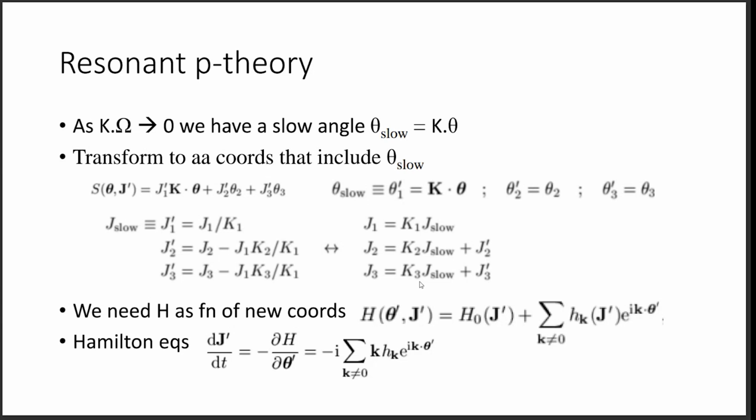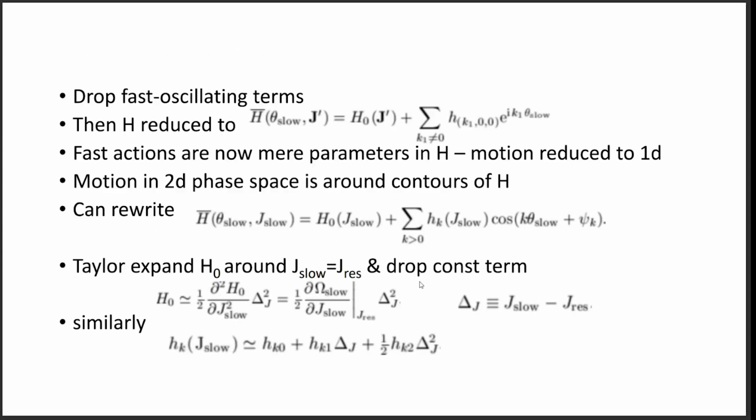So I drop from these equations, from this sum, the fast oscillating terms. Any term here which has a contribution from theta 2 primed or theta 3 primed, I simply cross out on the grounds that it averages to 0 sufficiently fast, and then all I'm left with is a Hamiltonian that involves a sum over vectors which are k1 times (k1, nothing).